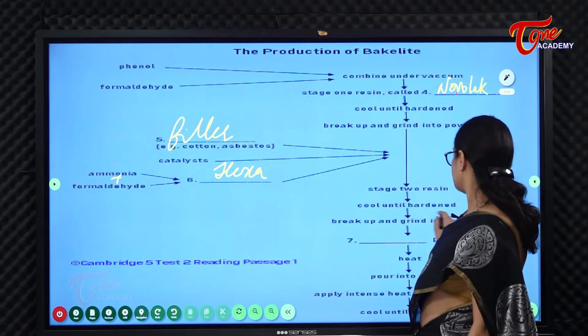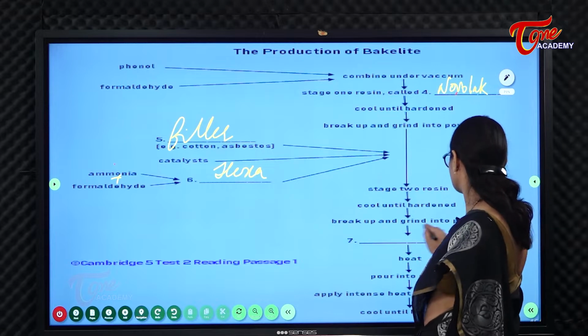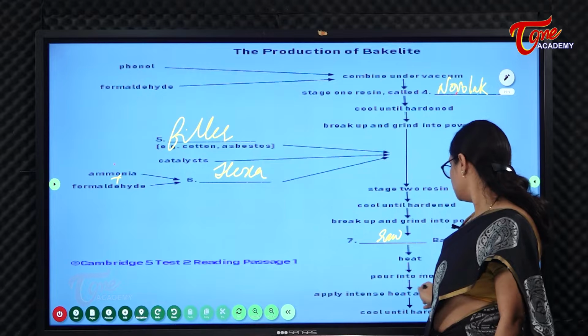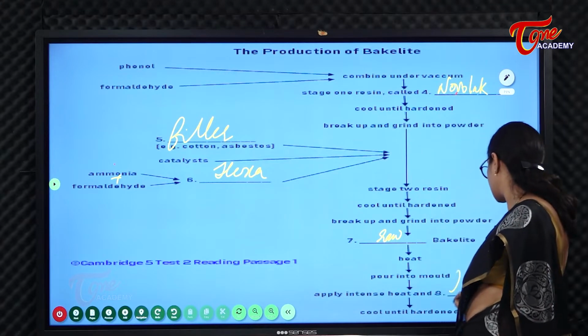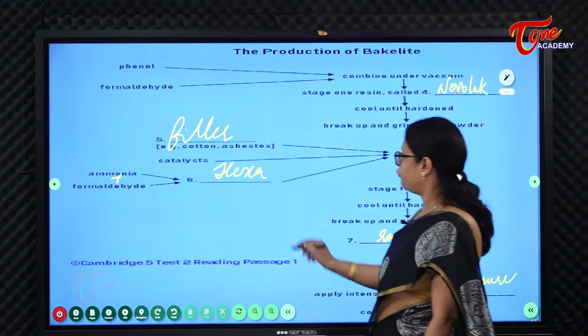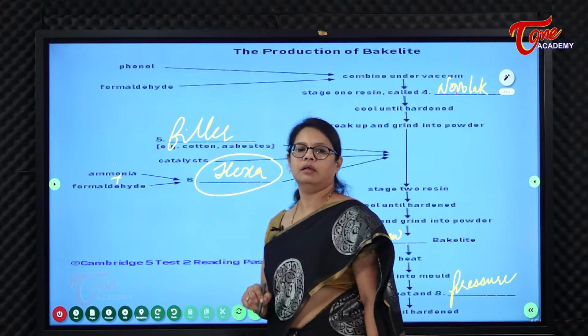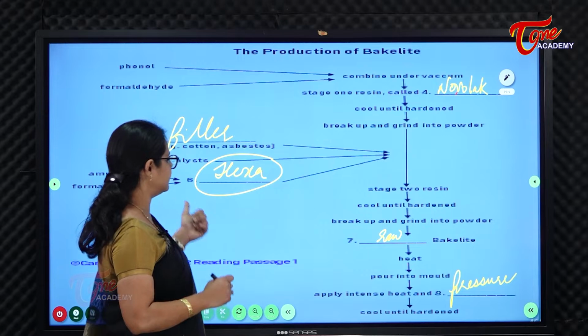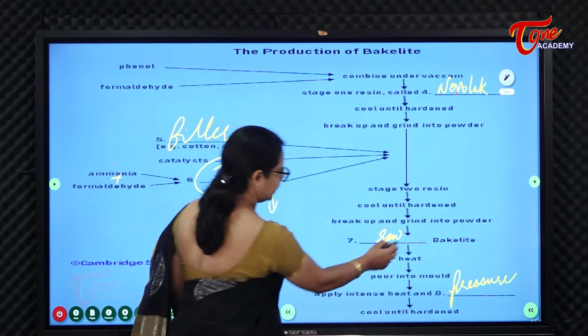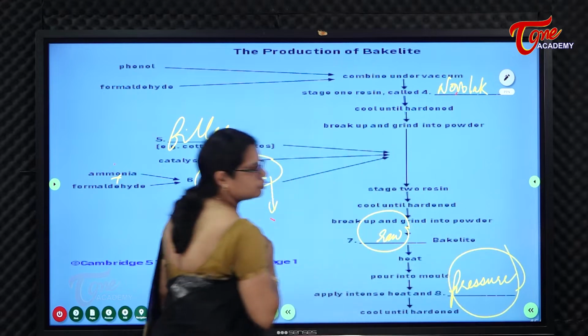Stage 2, resin, cool until hardened, break up and grind into powder. Raw bakelite. Heat, pour into mold, apply intense heat and pressure. All these words we have underlined. Now, if you go to the word hexa in the passage and read the next 3 or 4 lines below hexa, you will get the answers to these 2 words also.